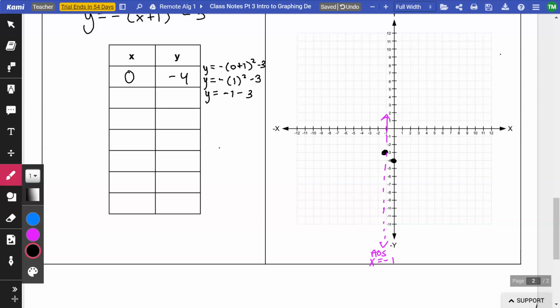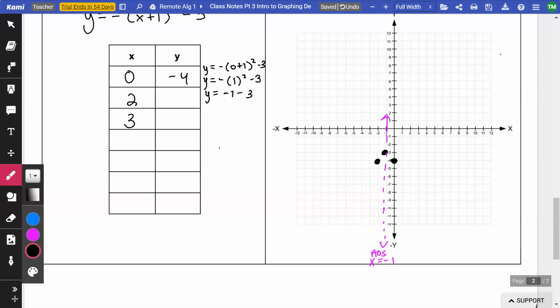So if there's a point right here that is 1 away from the axis of symmetry on the right side, there's also a point over here that's 1 away on the left side. Then we need to plug in a couple more values. Let's do 2, and let's do 3.